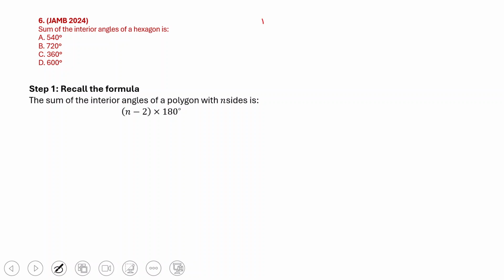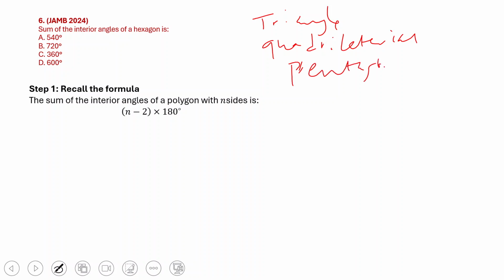I have triangles, quadrilateral, pentagon, hexagon. So a triangle has 3 sides, a quadrilateral has 4 sides, a pentagon has 5 sides, a hexagon has 6 sides.